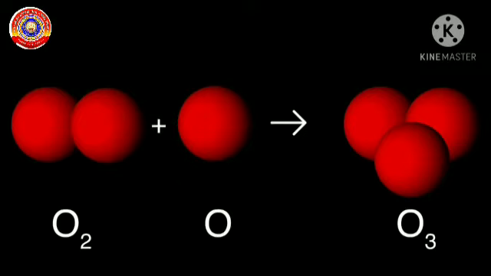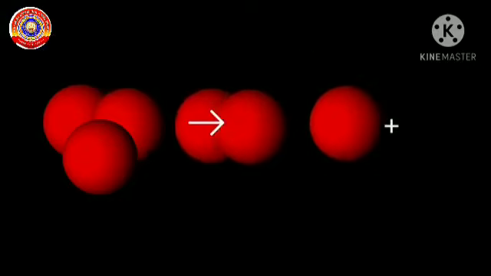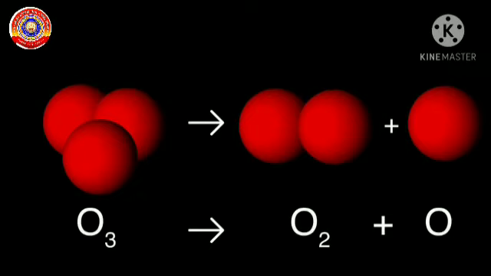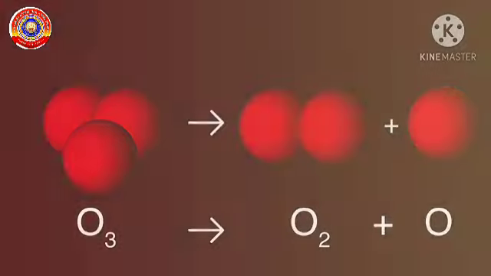This ozone is again changed to oxygen by absorbing ultraviolet rays having less energy. As a result of this cyclic process, the amount of ozone in the atmosphere remains constant.